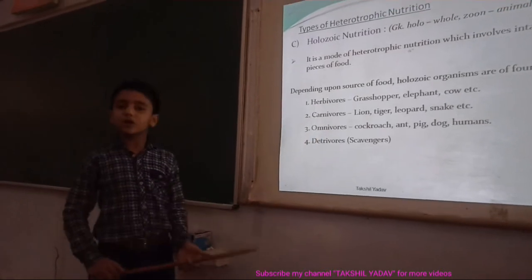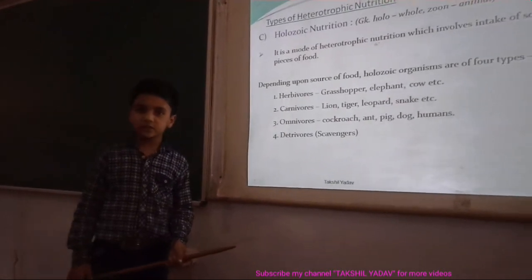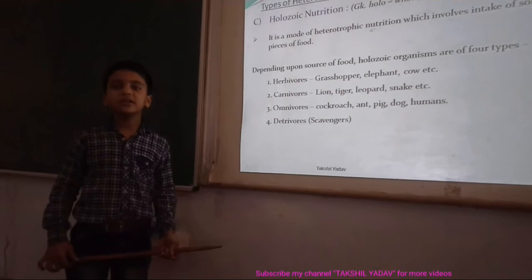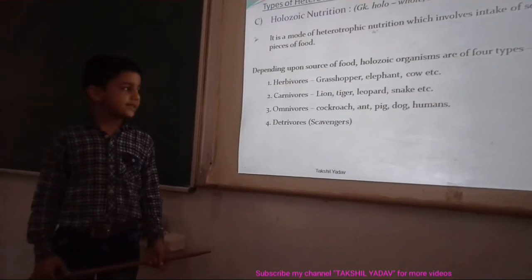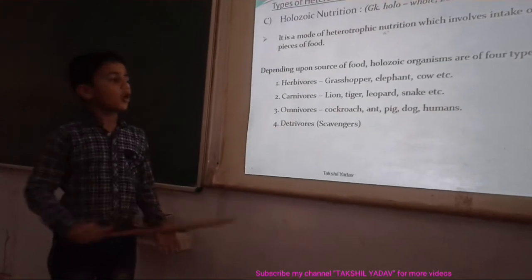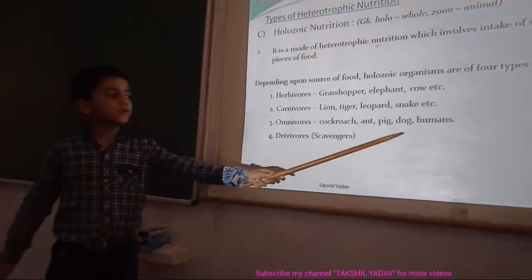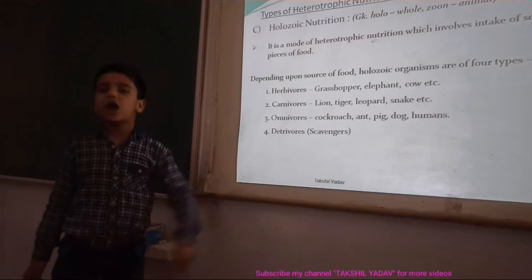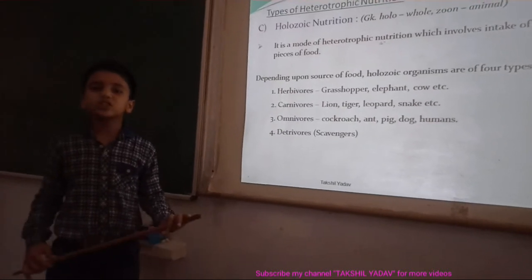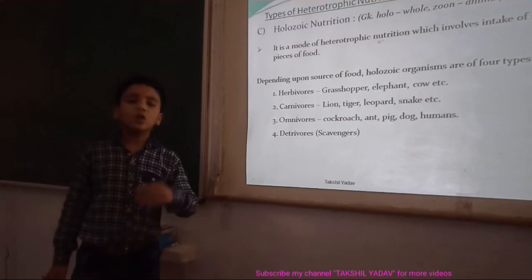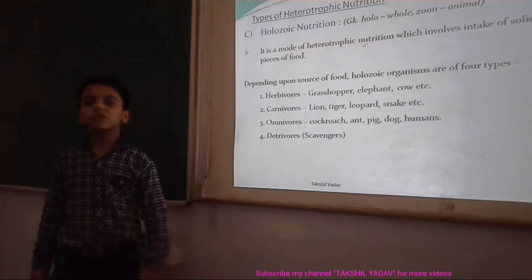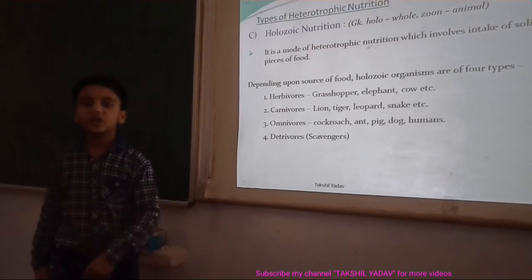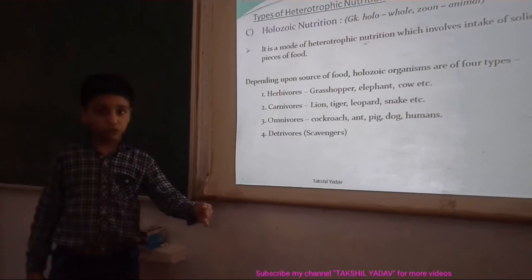Omnivores: the organisms that eat both plants and plant products as well as the flesh of other animals are known as omnivores. For example, first of all, we humans are omnivores because some humans eat only vegetables and plant products, while some humans eat the flesh, and some humans eat both.